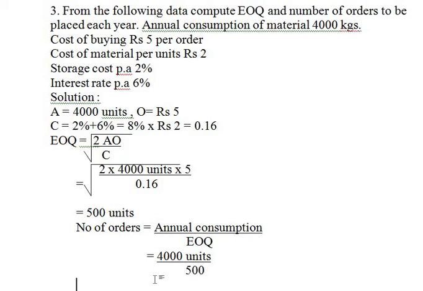Okay, now calculate this. So that will be equals to 8 orders, or 8 times they have ordered 500 units.